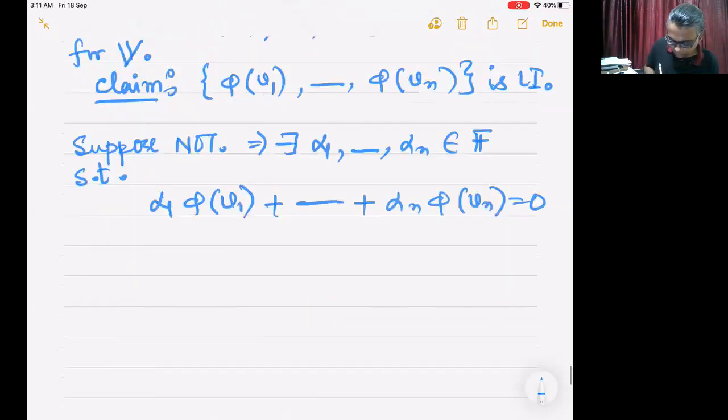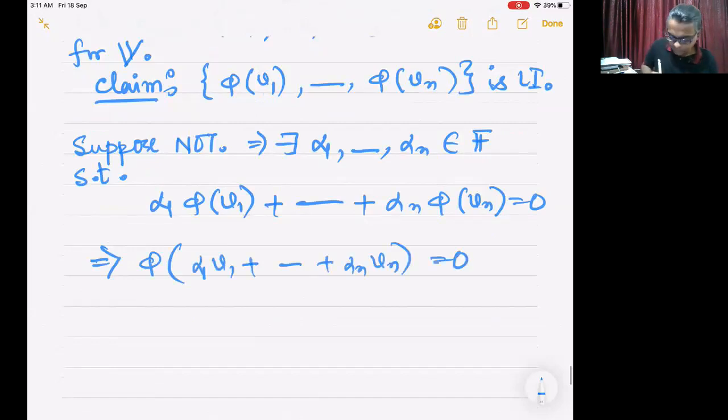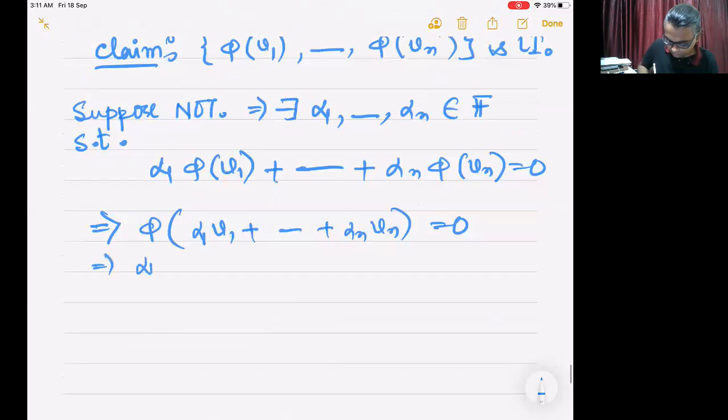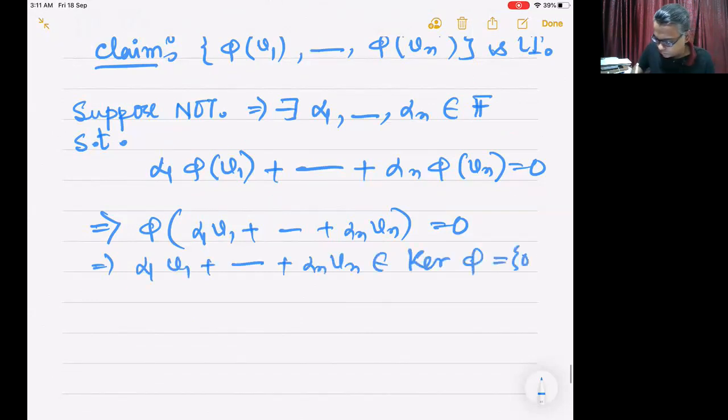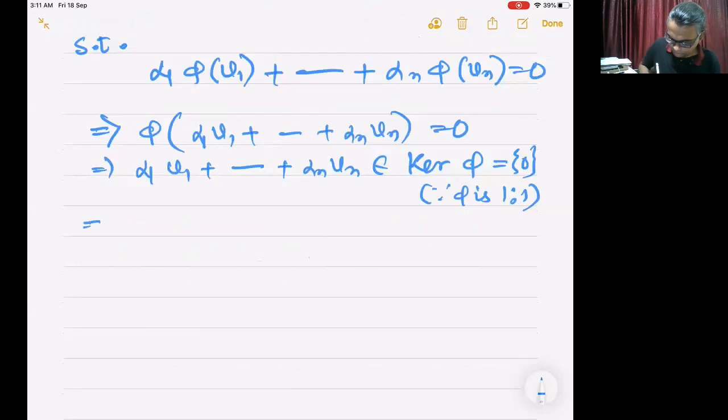But phi is a linear map. This means phi acting on alpha 1 v1 plus up to alpha n vn must be the zero vector. But phi is 1 to 1. This means alpha 1 v1 plus up to alpha n vn must belong to kernel phi. But phi being 1 to 1 means the kernel is just 0. This means alpha 1 v1 plus up to alpha n vn is equal to 0.